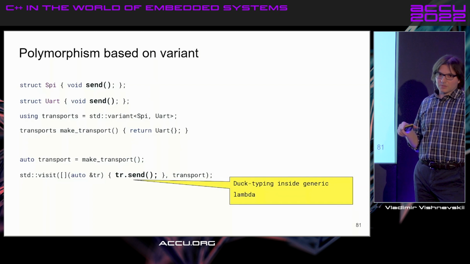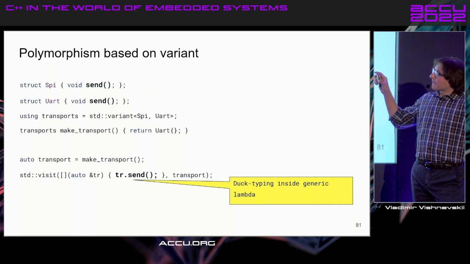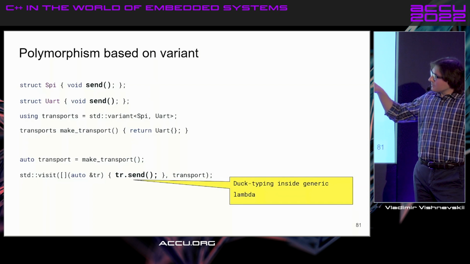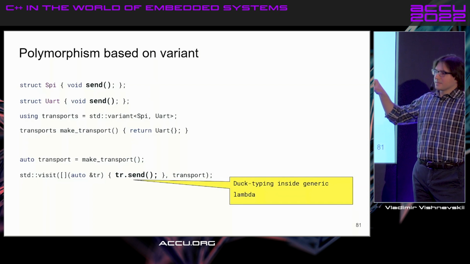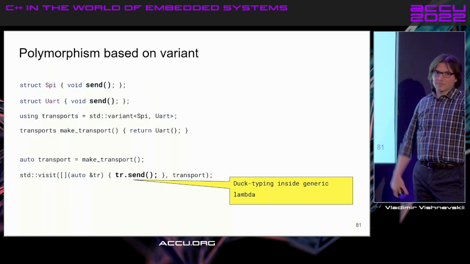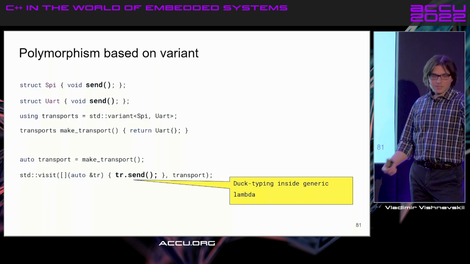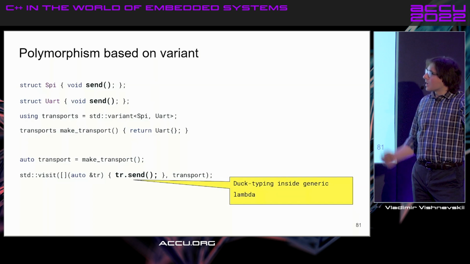So this allows us to have behavior that is dependent on the runtime value that was returned from this function. This is some form of runtime polymorphism.